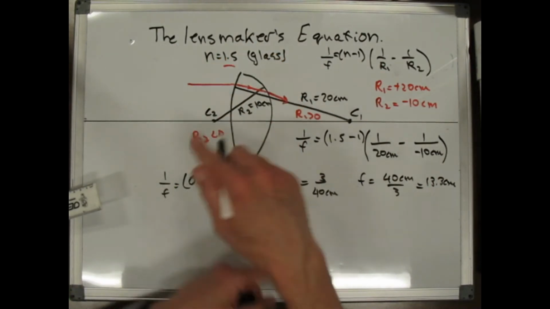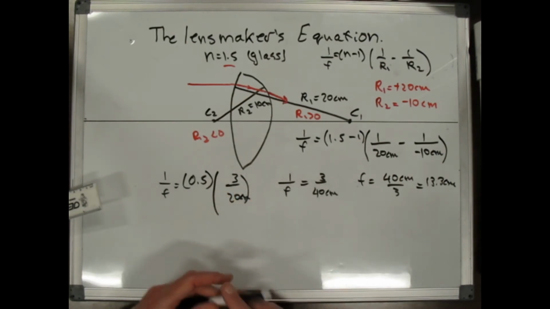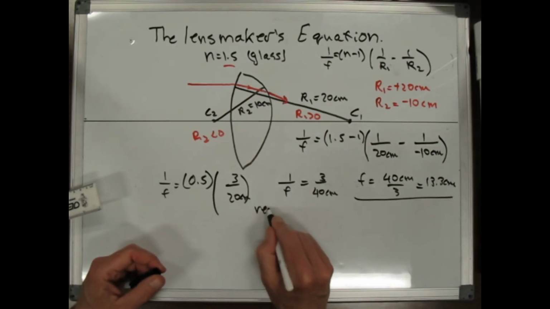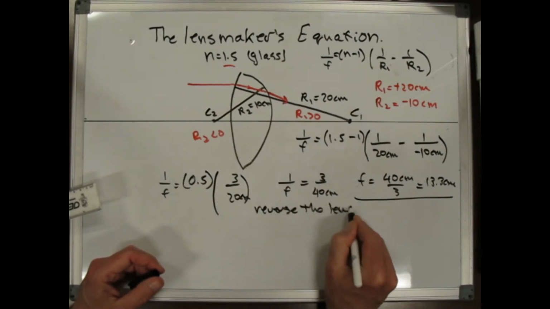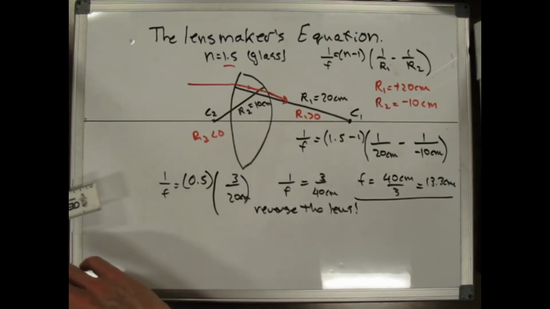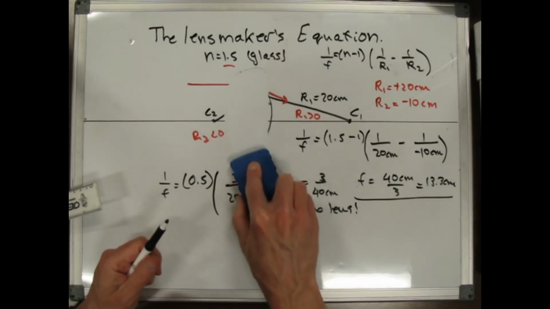Notice that if I flip the lens over, let's just redo the math here a little bit with the lens reversed. So that was our focal length. Let's reverse the lens. If I flip the lens over, I'm just going to do a little eraser work here, and it's going to be ugly, but let's go ahead and do it.